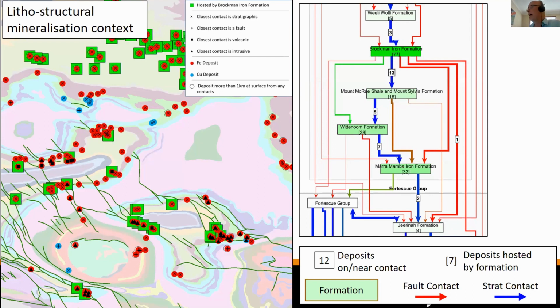And on the right-hand side, we've got a subset of this network diagram showing the different stratigraphic units. And the numbers within those rectangles tell you how many deposits are found within a particular unit. And if there's a number on the arrow, it's telling us how many deposits were found within some buffer of a contact between the different stratigraphic units.